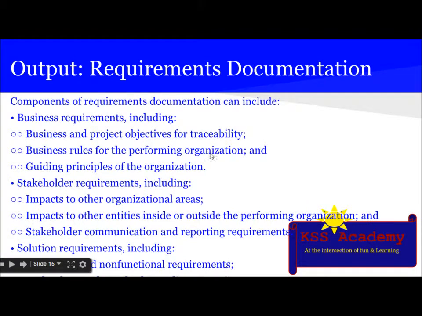In the case of requirements documentation, the components are business requirements, which include business and project objectives for traceability, business rules for the performing organization, and guiding principles of the organization.